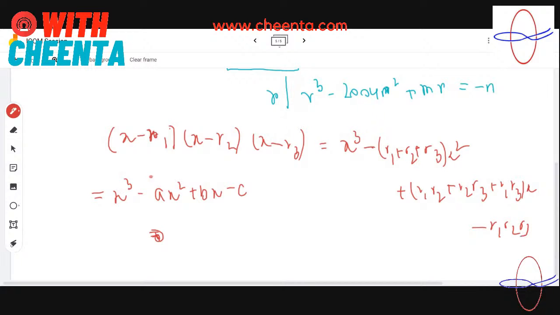So the coefficient a is the same as r1 plus r2 plus r3, and similarly you can get all the relationships between the coefficients and the roots. That relation of the coefficients and the roots is called Vieta's formula.